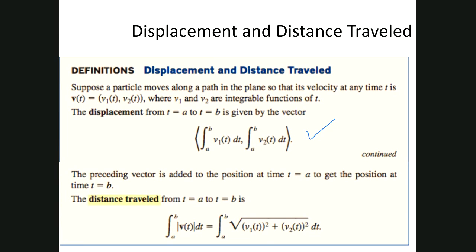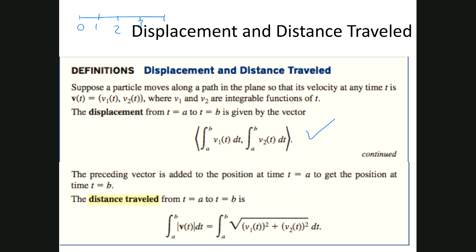But remember, we did talk about the difference between displacement and distance, right? Displacement is how far you are from where you started, and distance is how far you travel total. So let's say I gave you a number line and I said, let's put a couple more numbers on here, 0, 1, 2, 3, 4.